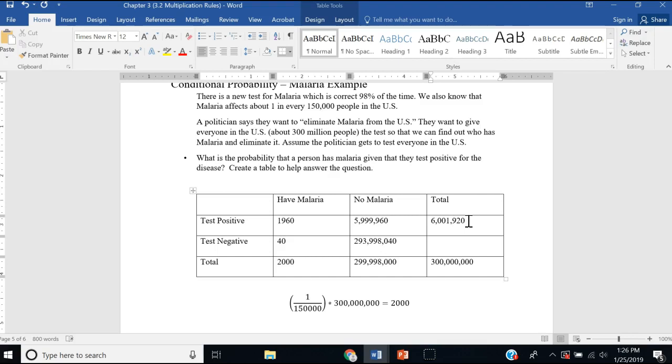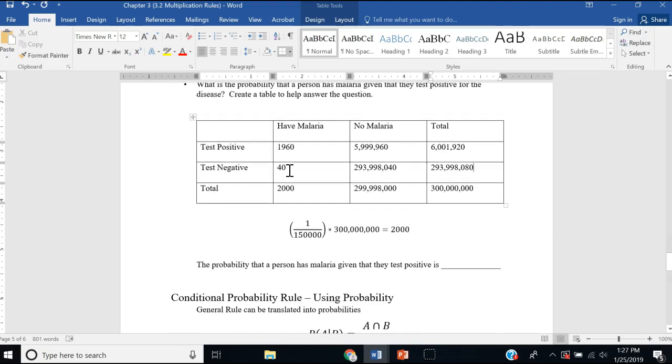And similarly, you get just about 294 million when you add up all of those who tested negative: 293,998,080. All right. So notice how we created our contingency table just based off of the percentages given.